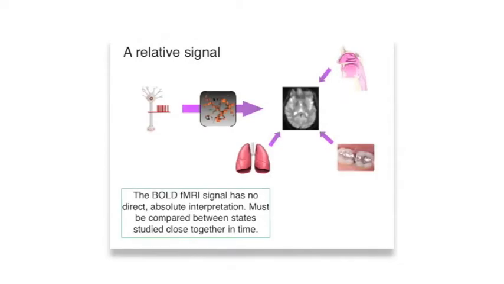There are lots of things that can affect that signal magnitude besides the change in neuronal activity that I've mentioned. People who have more dental work, which is metal and is going to alter the local magnetic field and then alter the signal from that area, or people who might have more or less iron in their blood, or people who are smokers, or have higher or lower concentrations of hemoglobin. All of those things will alter the absolute level of the signal.